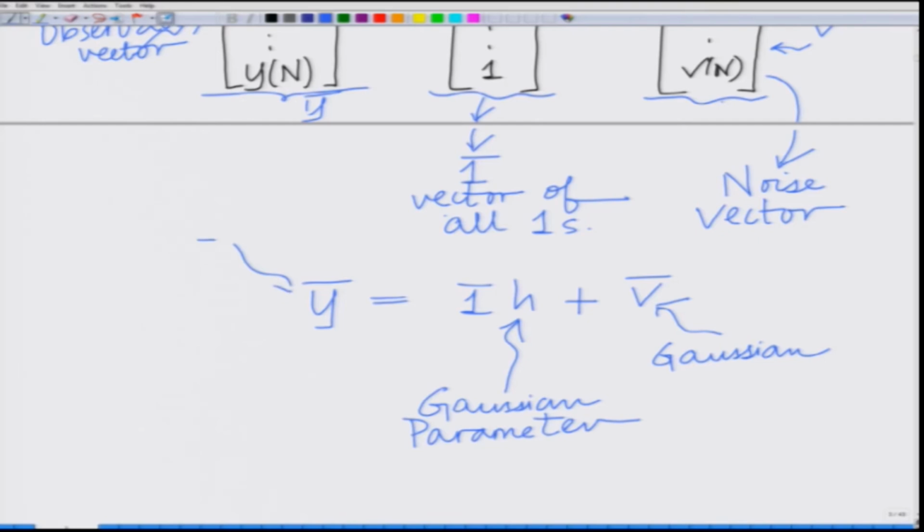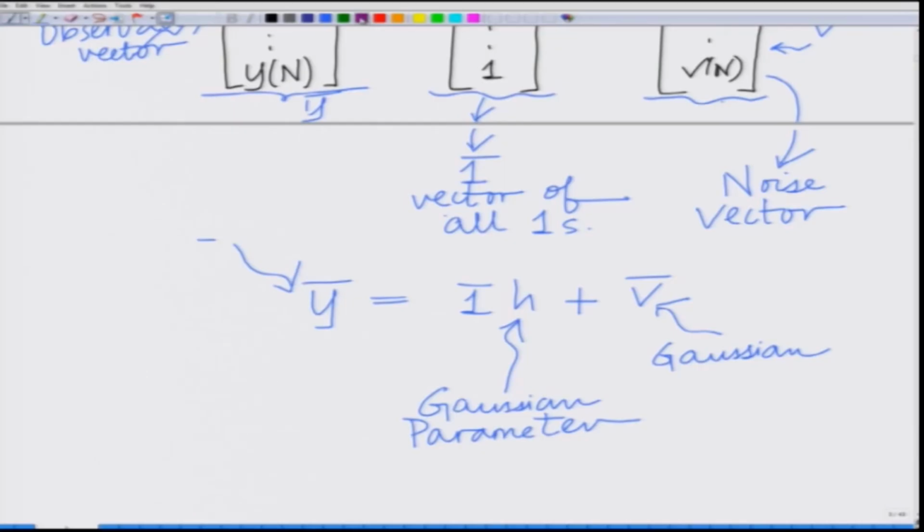You are adding two Gaussian quantities, therefore, the output Y bar is also Gaussian, because of the property of Gaussian random variables: when you add two Gaussian random variables, you get another Gaussian random variable. So, the observation vector Y bar is also a Gaussian vector.